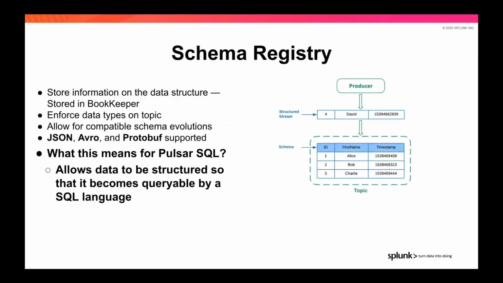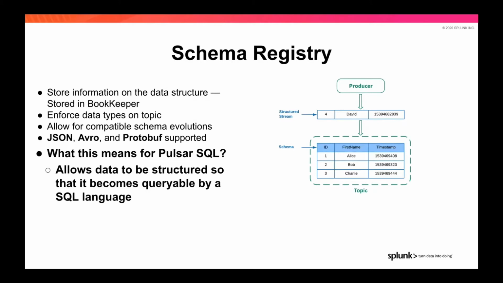And I touched on this a little earlier: users can now produce data into a topic. This has been a feature for a while. A user can produce structured data into a topic. What this means is that we have a schema assigned to a topic, and we built a schema registry to assign and check whether data is of the right schema before entering a topic.